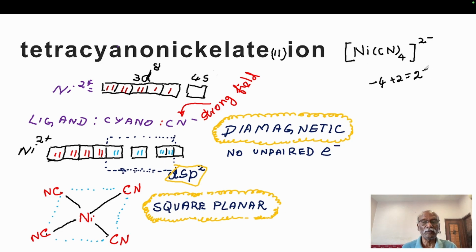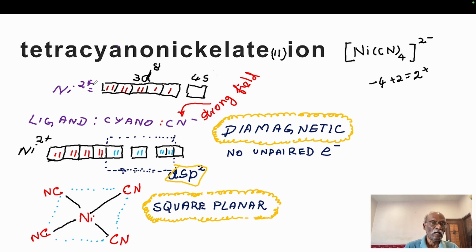Therefore, nickel should have 2 plus. So the central metal is nickel 2 plus. Ligands are CN. The primary valency or formal charge of the nickel is 2 plus and its coordination number is 4.